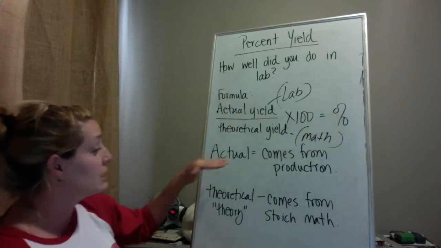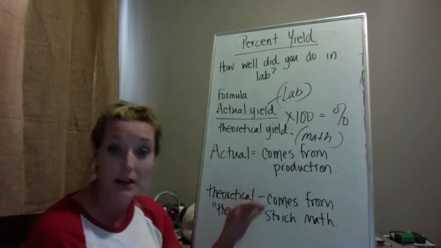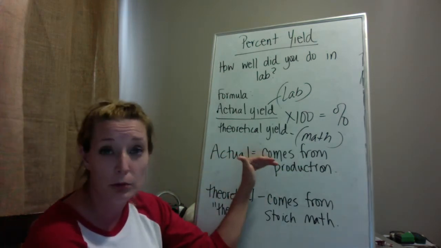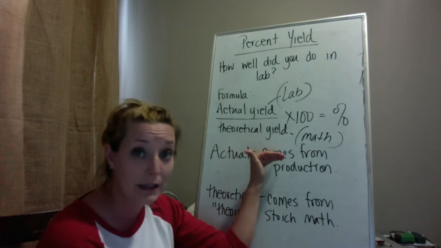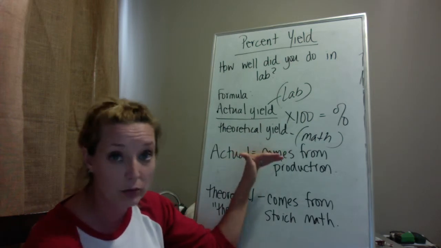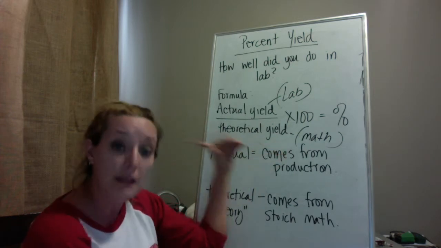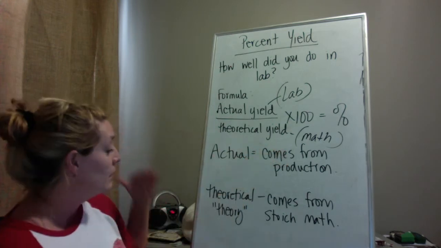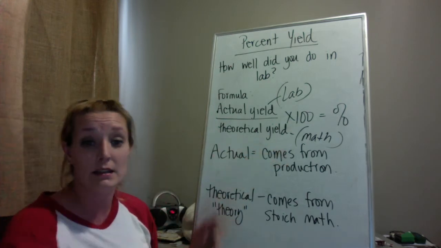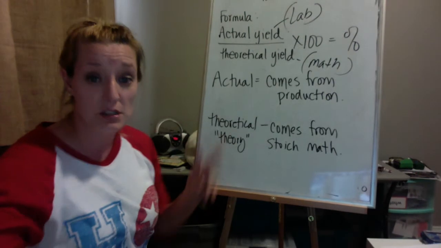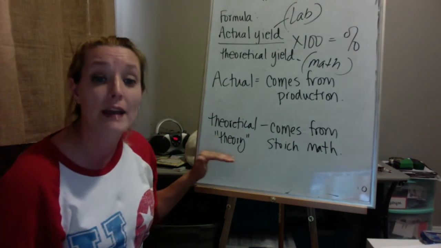So remember, your actual yield comes from production and it's given to you in the problem. You're not actually going to be in the lab during your EOC working it out hands-on. They're going to give you the actual yield in the problem. The theoretical says, in theory, this is what I was supposed to get, so you're probably going to be calculating that.